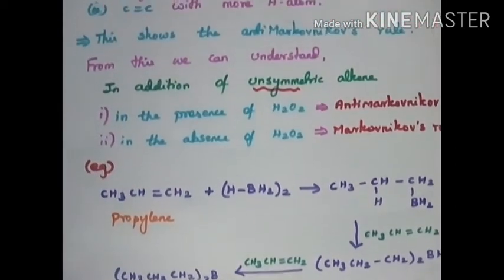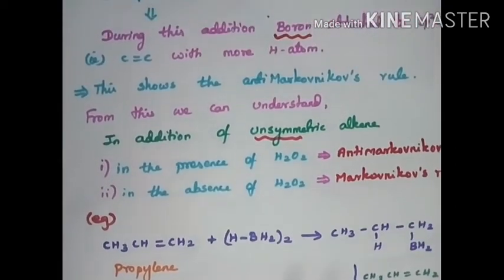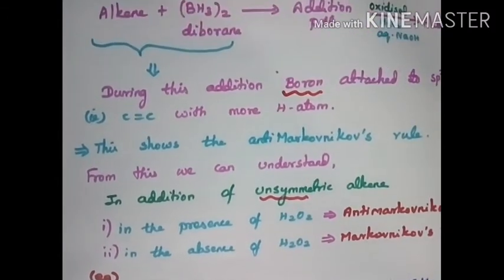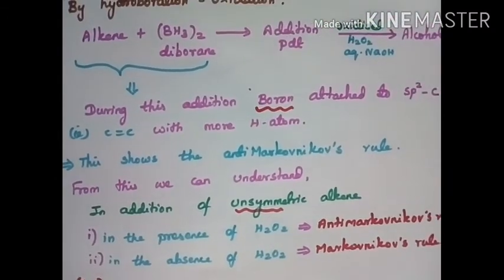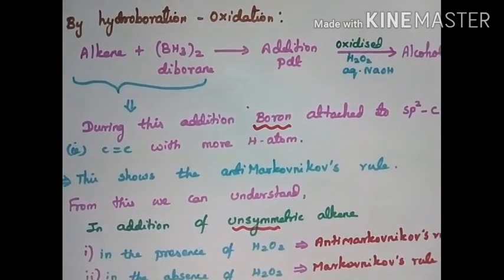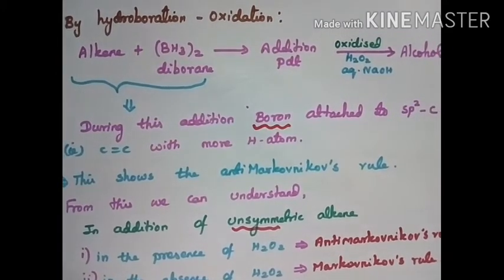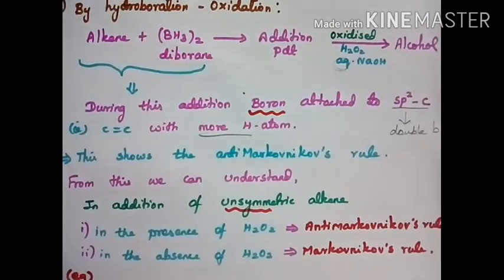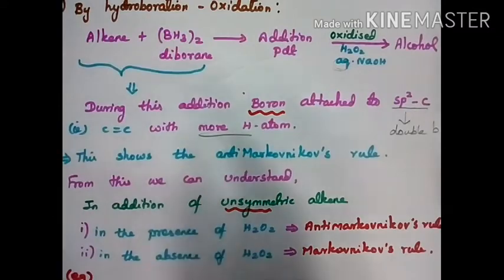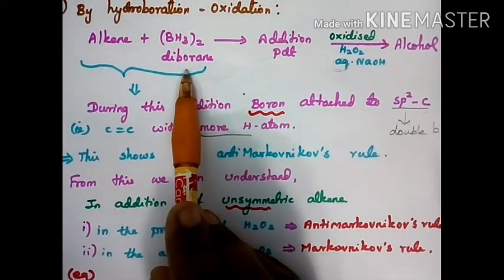The next is hydroboration oxidation. How does this hydroboration oxidation take place? The second method is hydroboration oxidation. Hydroboration means the reagent is diborane.